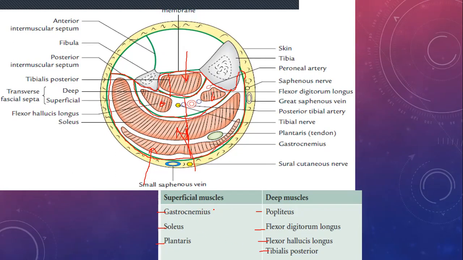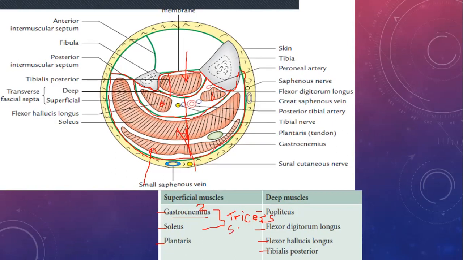Now these two, gastrocnemius has two heads. Gastrocnemius and soleus are called triceps surae. Triceps, 3 heads, because gastrocnemius has 2 heads.